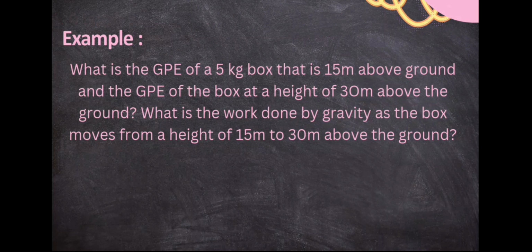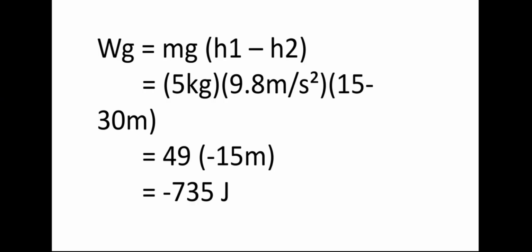So this is the last example. What is the GPE of a 5 kilogram box that is 15 meters above ground, and the GPE of the box at a height of 30 meters above the ground? What is the work done by gravity as the box moves from a height of 15 meters to 30 meters above the ground? So this is the solution.